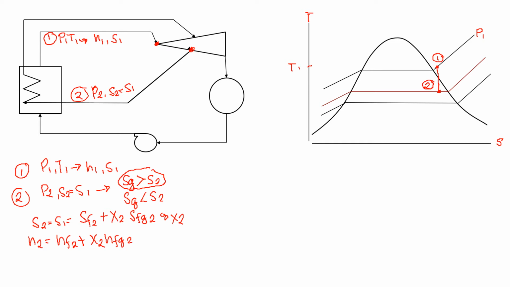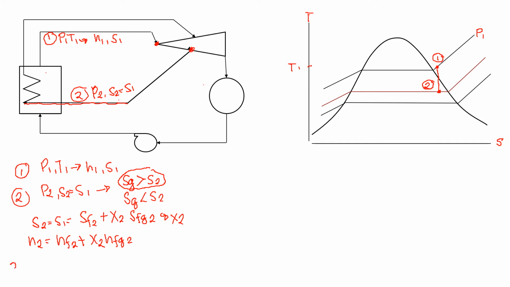Now, as the steam enters back into the steam generator, we are assuming that the process is isobaric, meaning constant pressure. The only thing happening is the change of quality until the quality becomes saturated vapor, and the further addition of heat will turn it into superheated vapor.